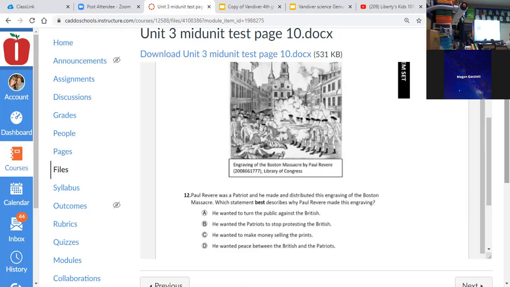There's different ways to influence interpretations. That right there influences the viewer. It makes it look like it's indeed a massacre. Calling it a massacre, doesn't that influence people against the British? Yeah. I mean, it's terrible that 5 people died, yes, but when you think massacre, you don't think 5 people dying, do you?